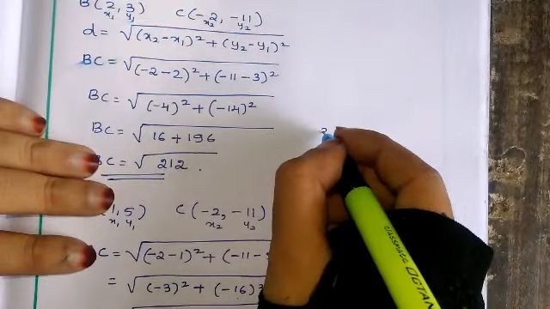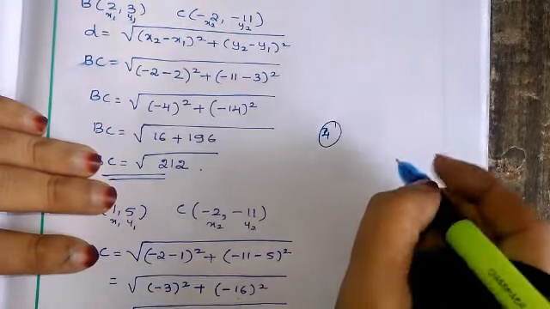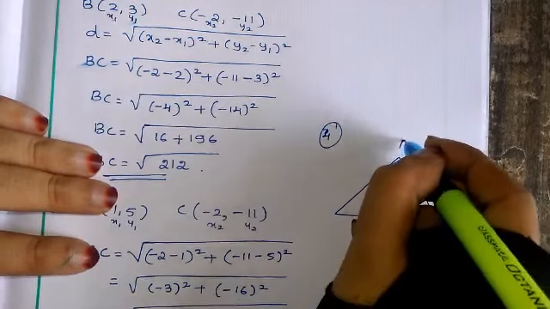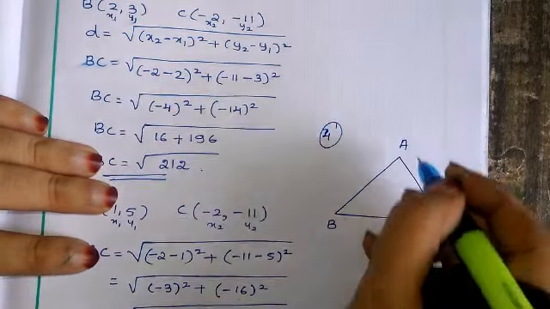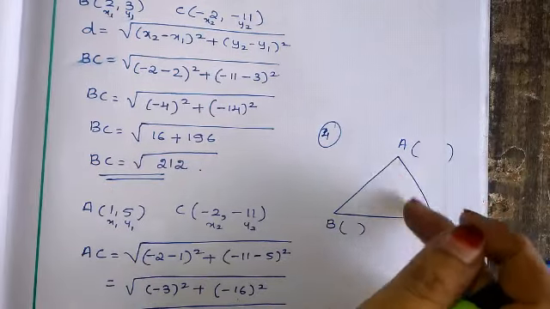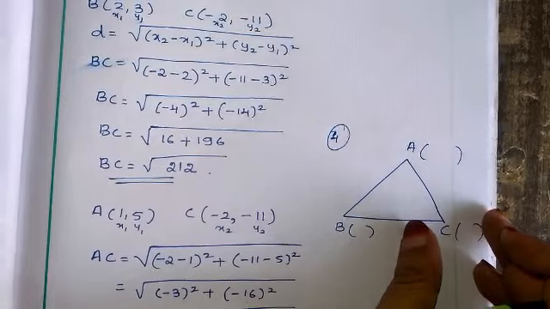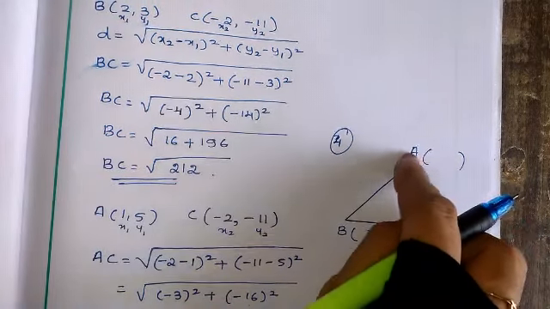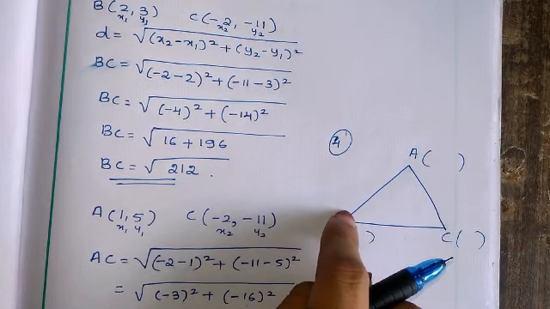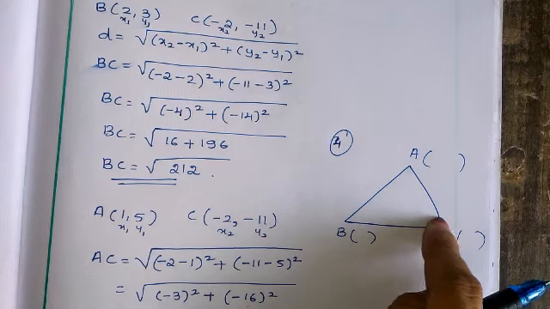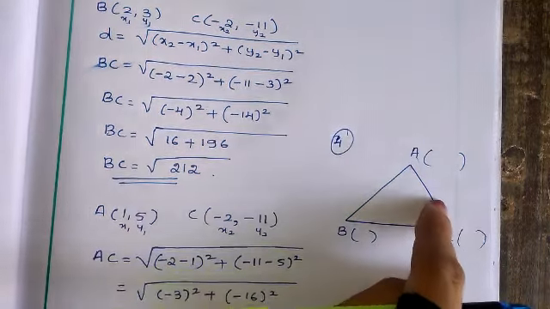Draw one triangle, just give points A, B, C. It does not require you to draw the triangle, but why I am saying this is that distance between AB you have to find by distance formula. Distance between BC you have to find by distance formula, and distance between AC you have to find.